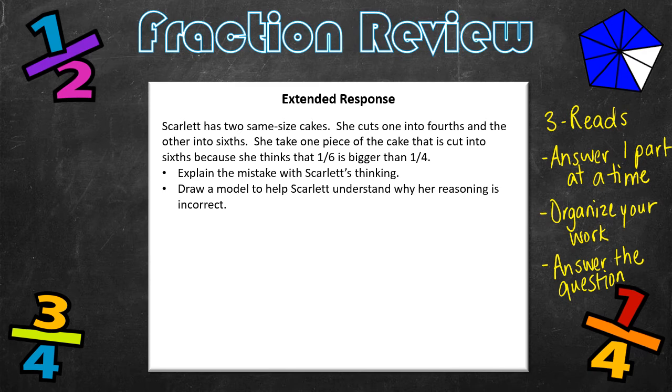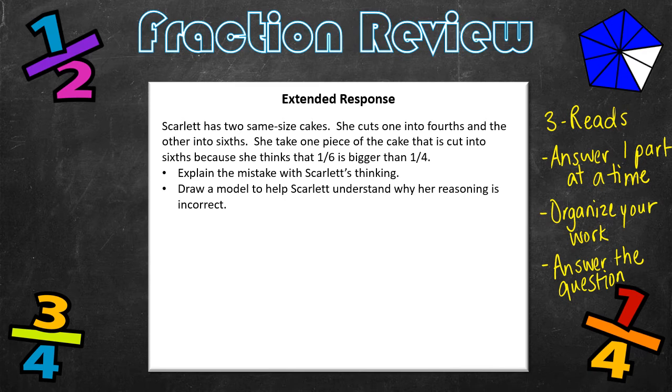Okay, so I'm going to read it to you, and I want you to picture it in your head. Scarlett has 2 same size cakes. She cuts one into 4ths and the other into 6ths. She takes one piece of the cake that is cut into 6ths because she thinks that 1/6 is bigger than 1/4. So I'm picturing Scarlett, I'm picturing 2 round cakes. Mine are frosted in chocolate.